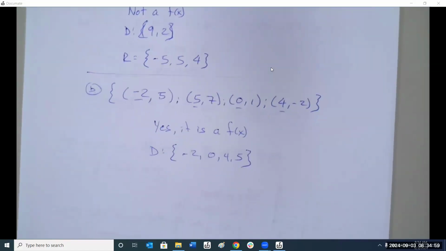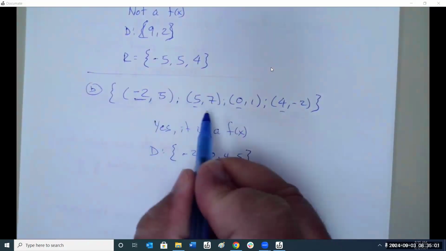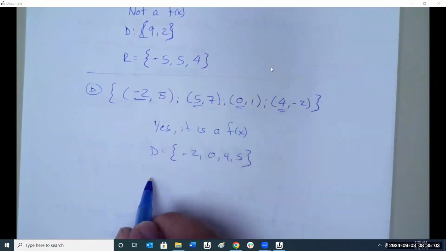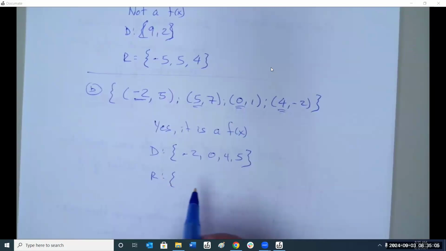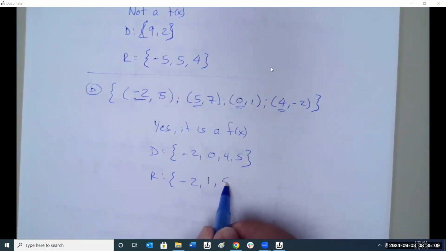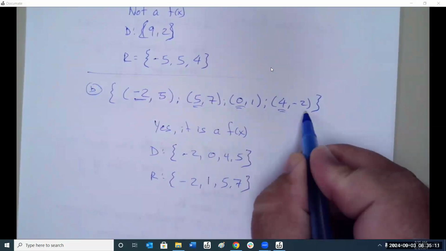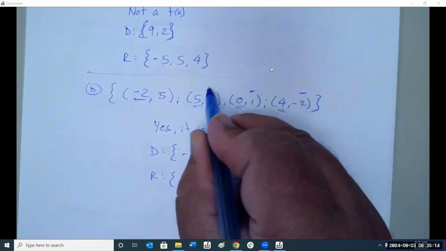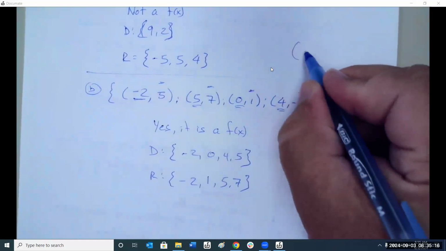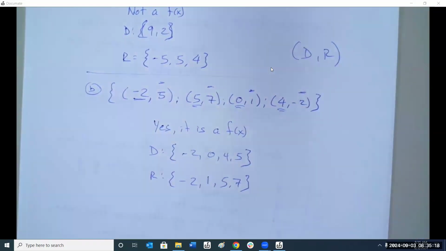Put them in decreasing order. So it's all the first numbers. And the range, it's all the second numbers. So it's domain, range.